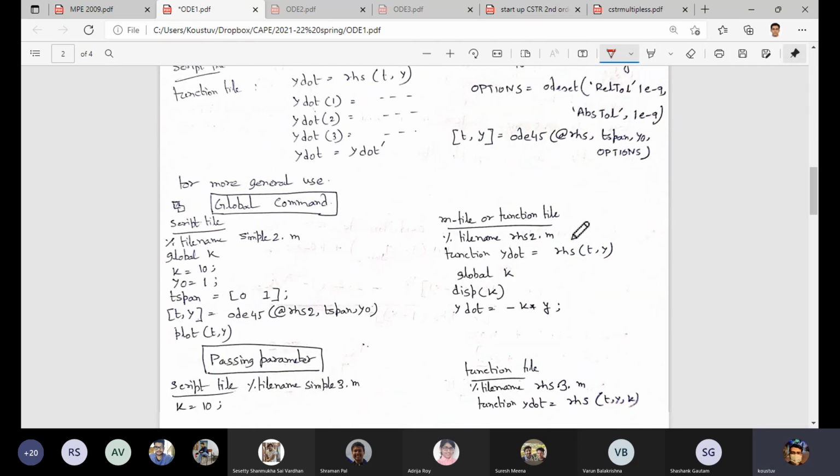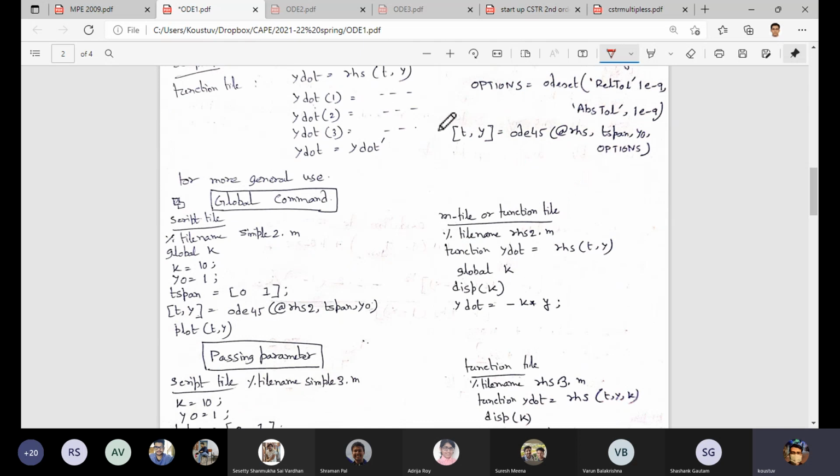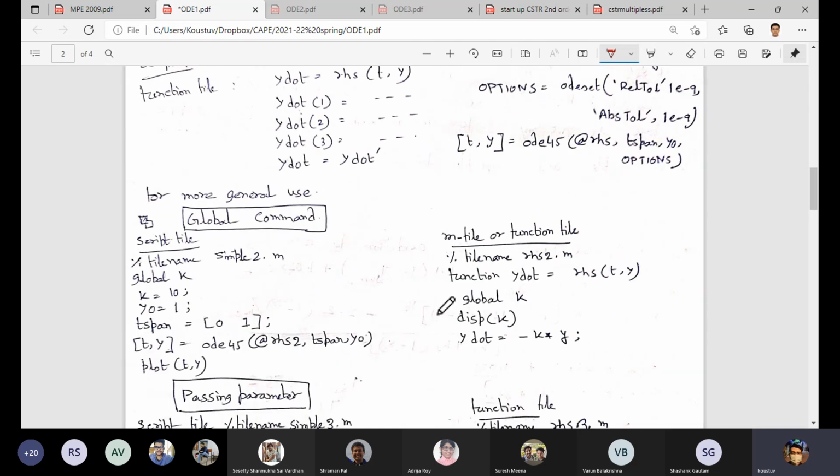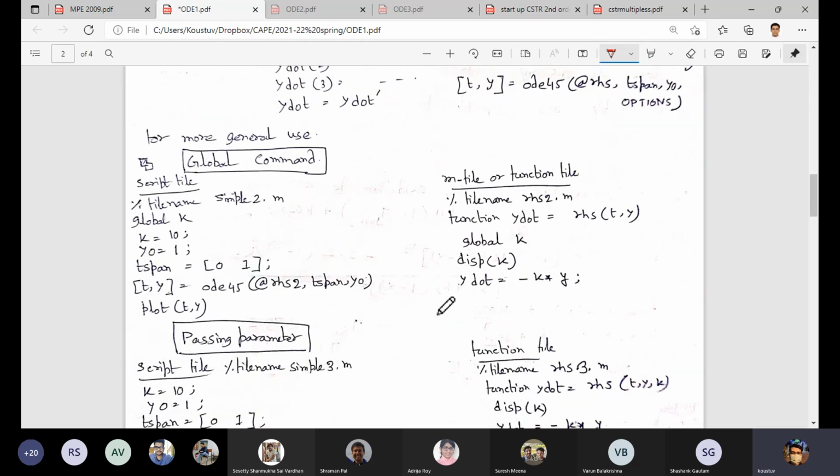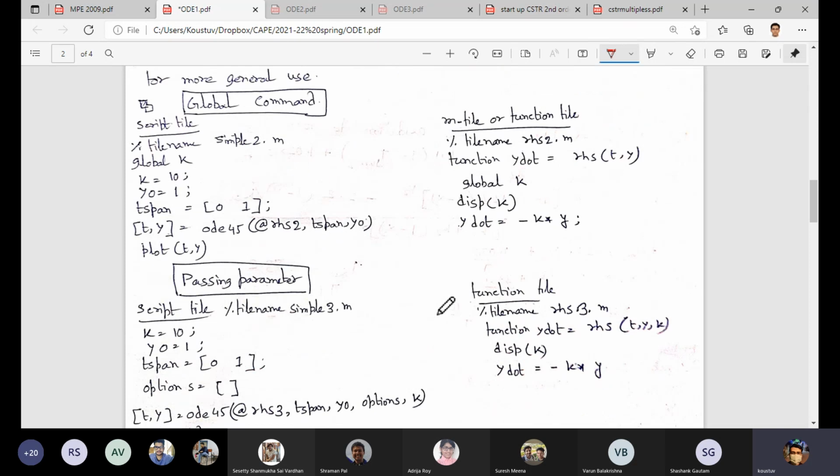Okay, so some simple MATLAB lines you will be more familiar with: there are two ways we can pass parameters. Either we can use the feature present in MATLAB called global, so that we just tell the system that this parameter will be used in the function's calculations, and we define it in the main file.